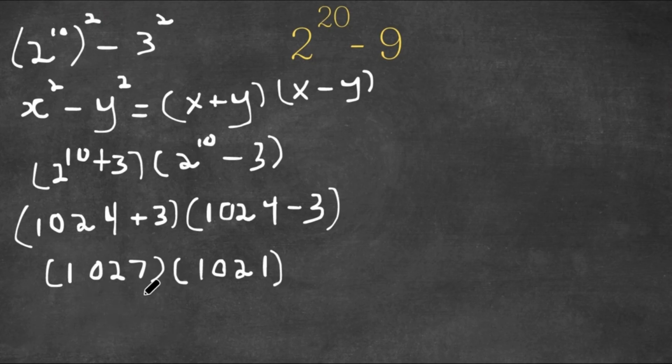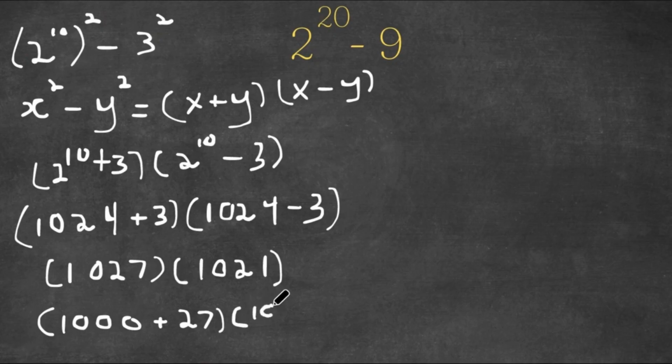Now, I'm actually going to rewrite 1027 as 1000 plus 27. And I'm going to rewrite 1021 as 1000 plus 21. Now, 1000 times 1000 is what?